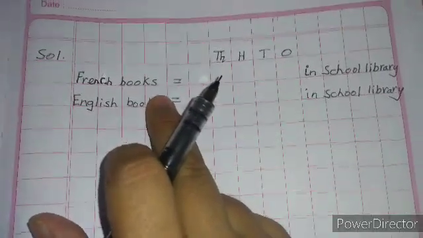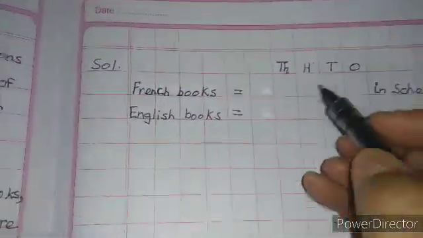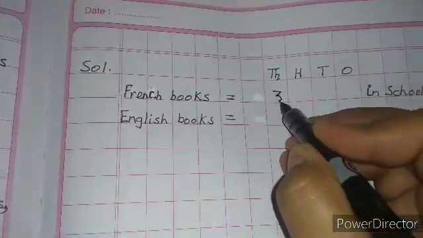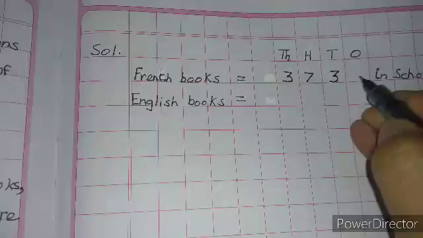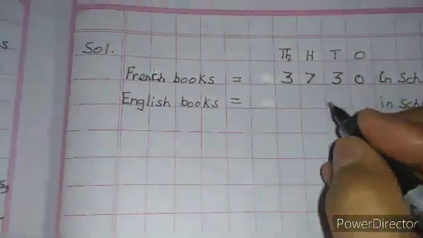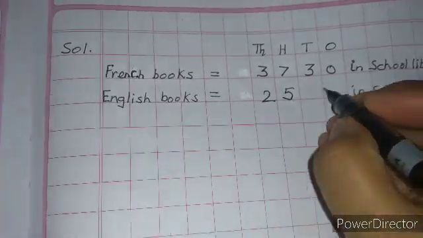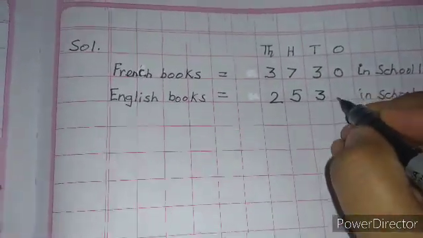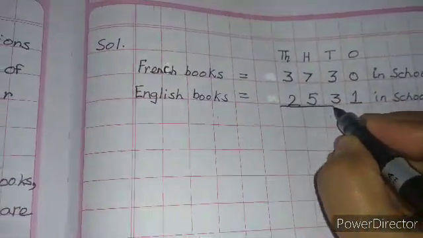So according to the information in the question, how many French books do we have? 3730 French books in the school library. And how many English books do we have? 2531 in the school library.